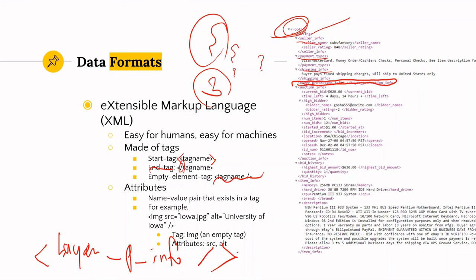That's going to be equivalent to this line over here. So it's pretty simple, and as you may have already realized, this is essentially the same as JSON. There is kind of a one-to-one conversion from JSON to XML.